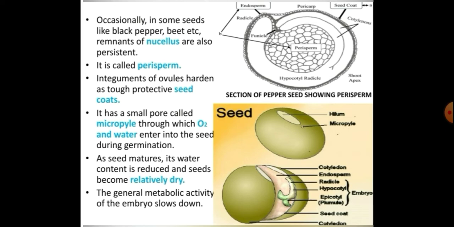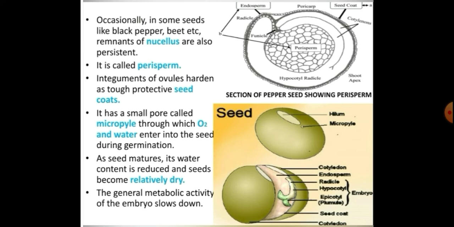In some seeds this nucellus remains as a remnant, and the nucellus remaining in the seed is called perisperm. Here you can see the section of the pepper seed showing the perisperm in the center. The nucellus has remained even after the formation of the embryo.